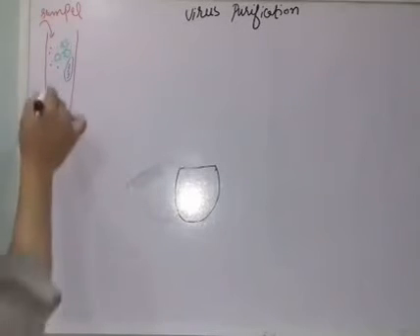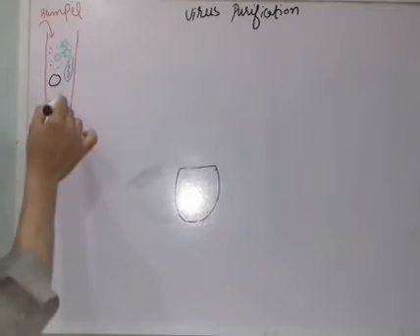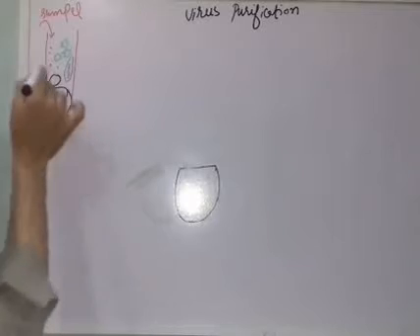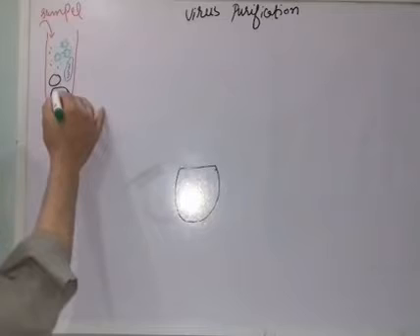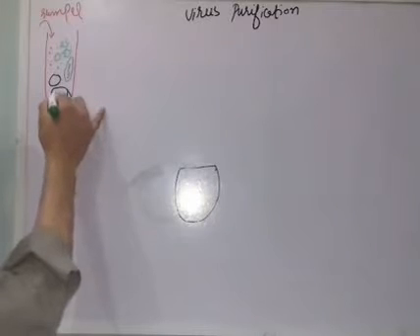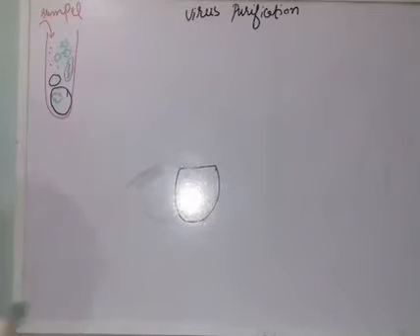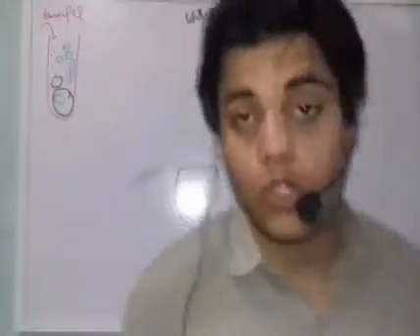Let me draw the cell with a black one. This black one represents a cell, and there are some other cells which are infected by viruses. So within each cell viruses are also present, but these viruses are not active.